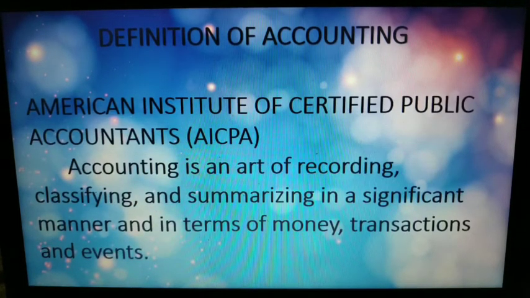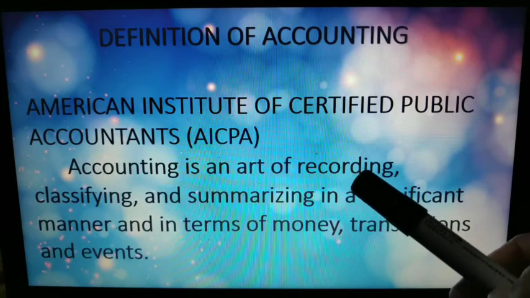Okay. The next definition of accounting is from the American Institute of Certified Public Accountants. Accounting is an art of recording, classifying, and summarizing in a significant manner and in terms of money, transactions, and events. So, they are the same, no?